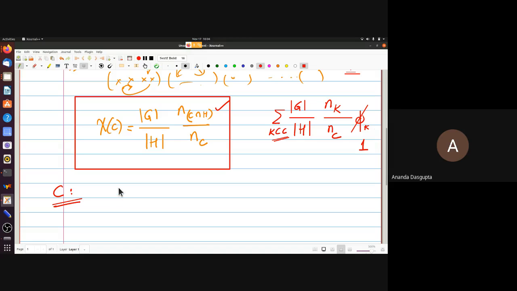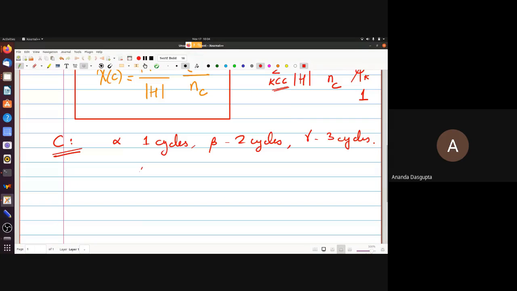You would characterize it by saying alpha 1-cycles, beta 2-cycles, gamma 3-cycles, and so on. One of the conditions on these numbers is that alpha plus 2 beta plus 3 gamma plus so on, all added together, must be n, because that's how many elements are being permuted.